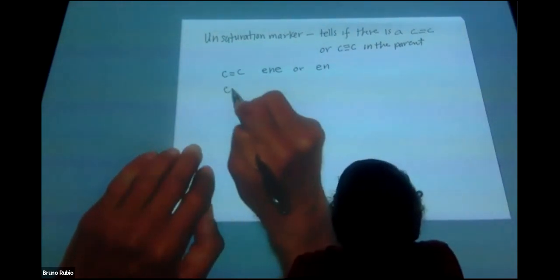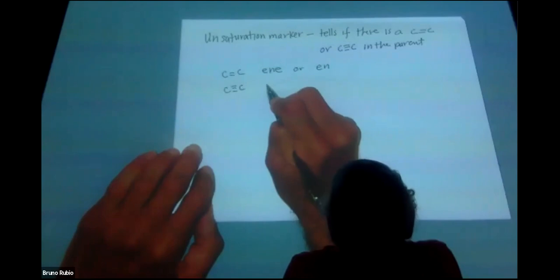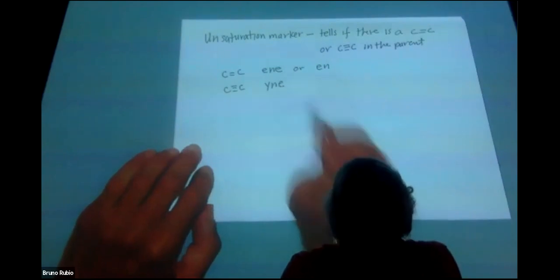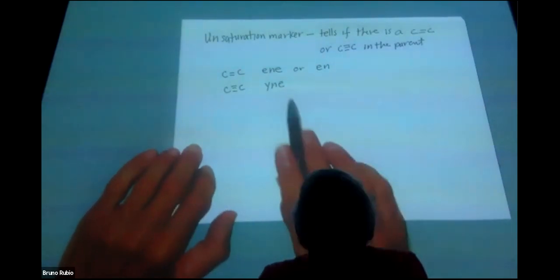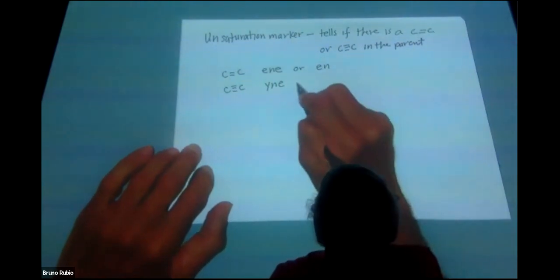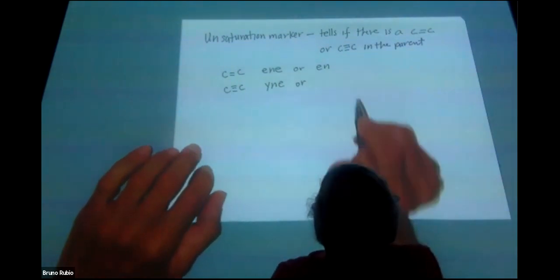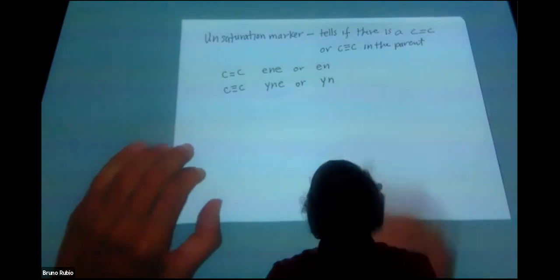For the carbon-carbon triple bond, you're going to see yne, but sometimes this E is dropped. So instead of yne, you'll just see yn. All right, so those are the unsaturation markers.